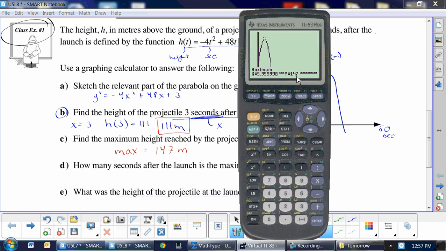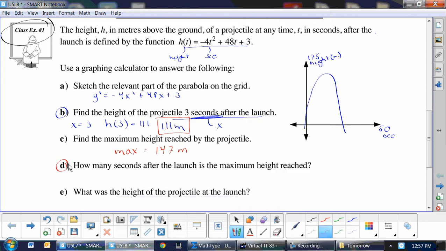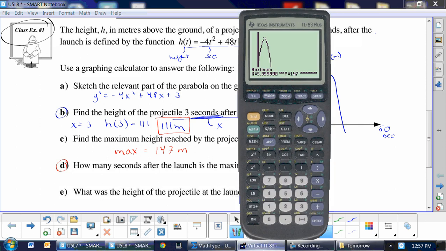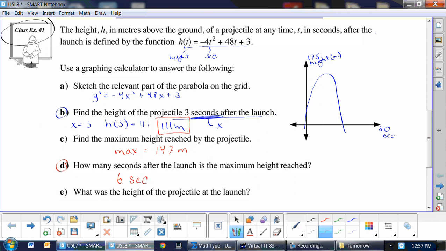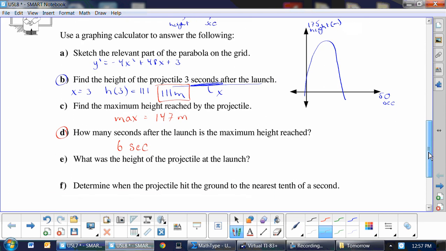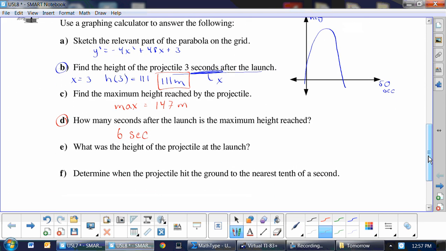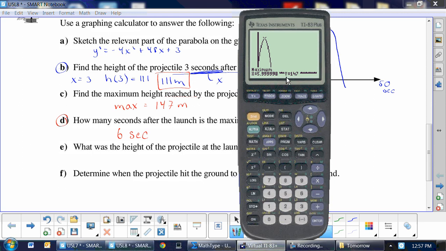So the x doesn't matter. And now for D, they say after how many seconds after the launch is the maximum height reached? So 6 seconds, you got it. We know our maximum is 147, and it's 6 seconds at that point.